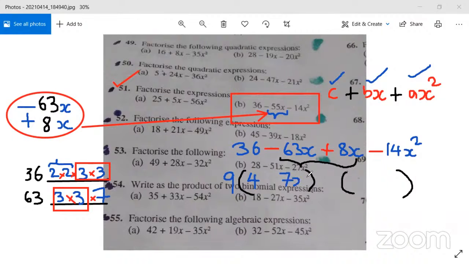Now, fun fact, this is going to be the same as over here. Quite confident that that's what's going to happen.